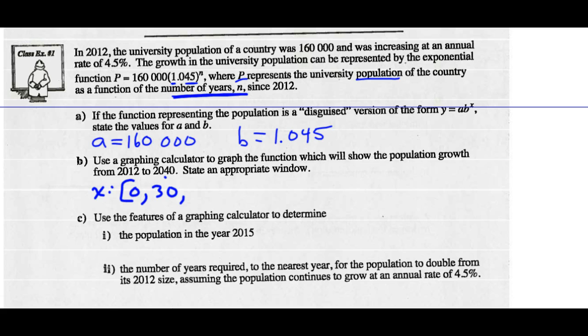And the scale we're going by, 1, 2, 5, 10, that's all we're saying. So maybe let's go by a scale of 5. And our y window, which is our population: well, the minimum population, it starts off at 160,000 in 2012. So let's start with 160,000. Who knows how large the population is going to get?